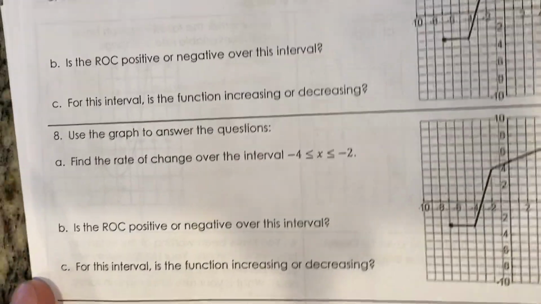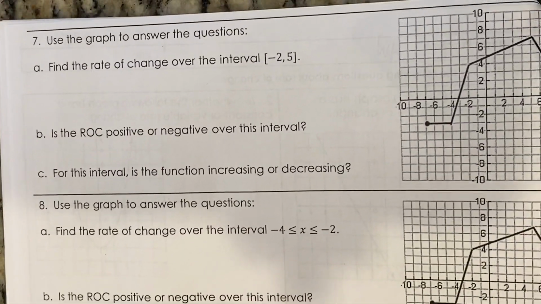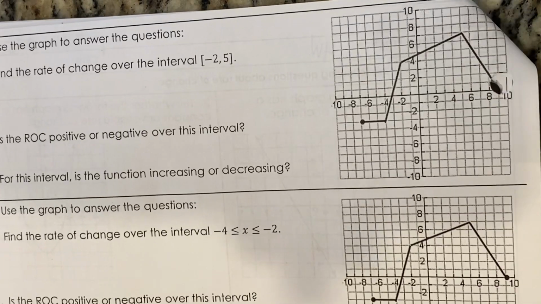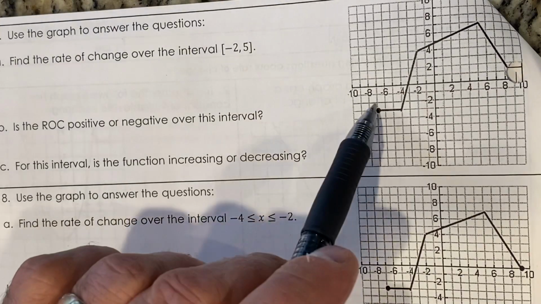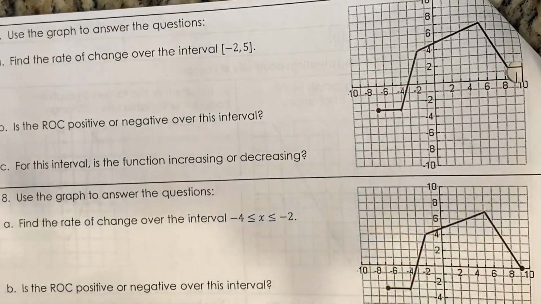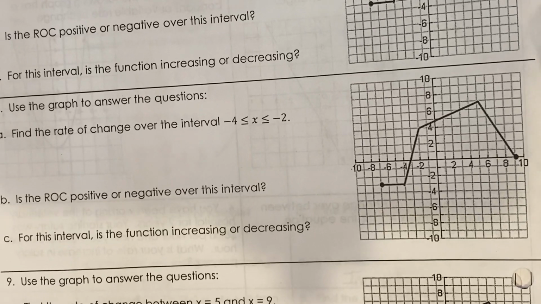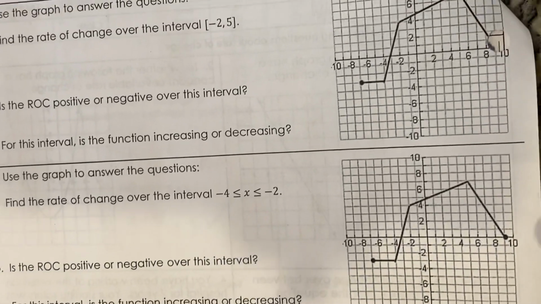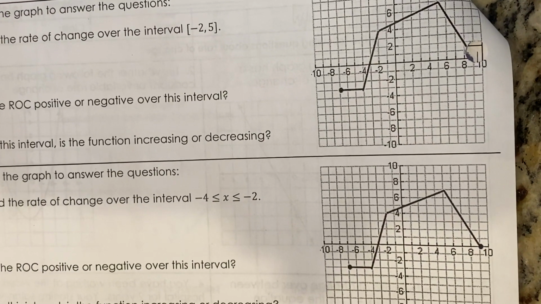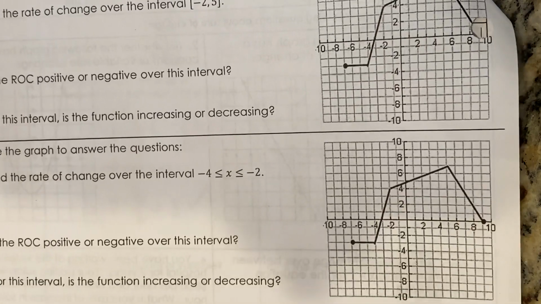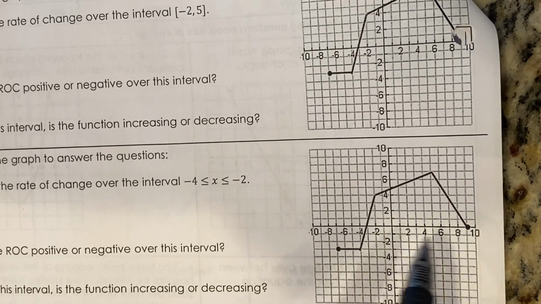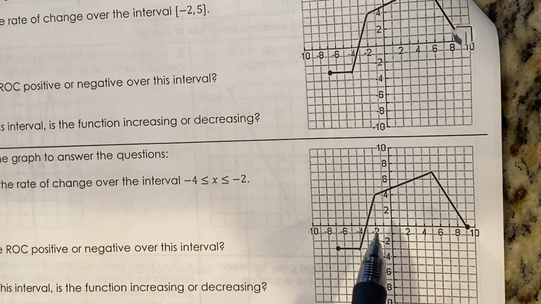Then, on the back side, use the graph to answer the questions. Ooh, look at that graph. Kind of funky. And so on. Number 8, a different graph. Actually it looks like it's the same graph maybe. So notice this is the exact same graph.